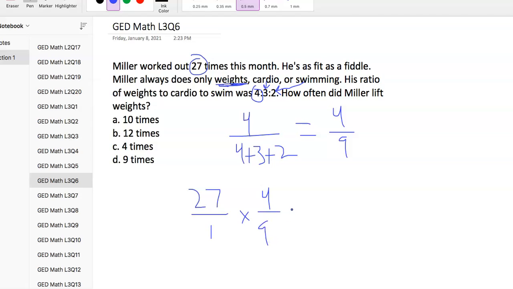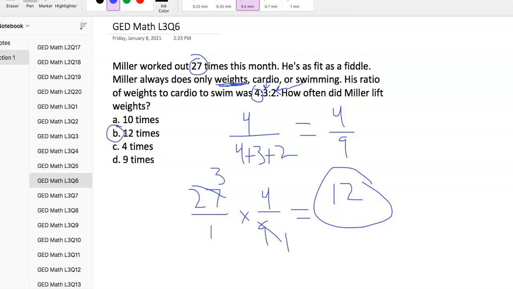Okay. And we can reduce that even further. So 27 over 9, if we divide each side by 9, we can reduce to 1/3. Okay, and then 4 times 3 is 12 over 1, or just 12. And then the answer is 12 times.